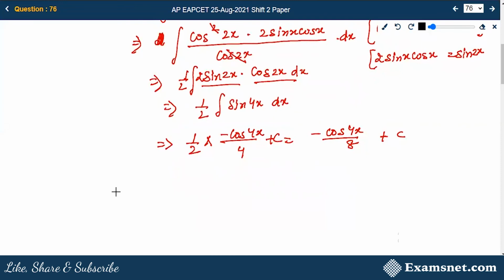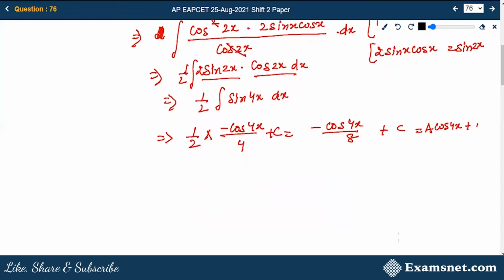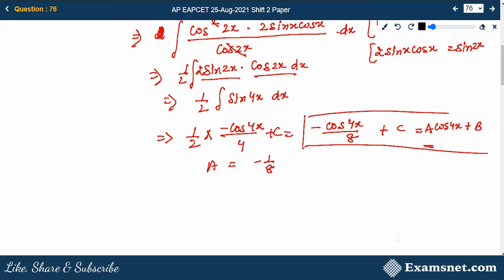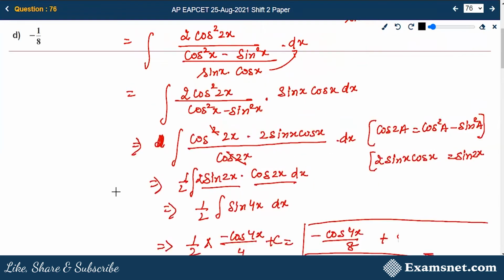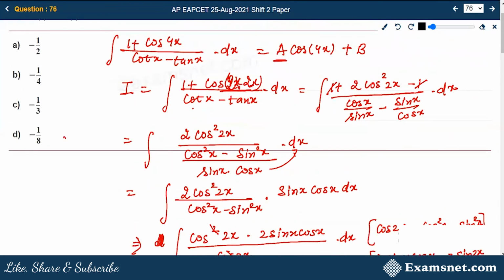So if I put that as a cos 4x plus some b, over here, what do you have? A was equal to minus 1 by 8. If you compare them, you will get A is equal to minus 1 by 8. So what is your answer in the given question? Let's check which option. It's option B.